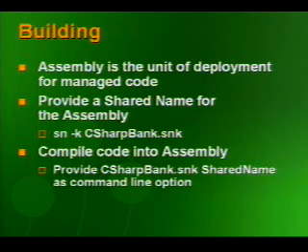This is to enable COM+ services and .NET to provide the component correctly. So there's a command line tool, SN, that provides the shared name for the assembly. When we come to compile our code, if we have our 10 files for our source, we compile the code into the assembly as one of the options on the command line. To the compiler, we provide the shared name file.